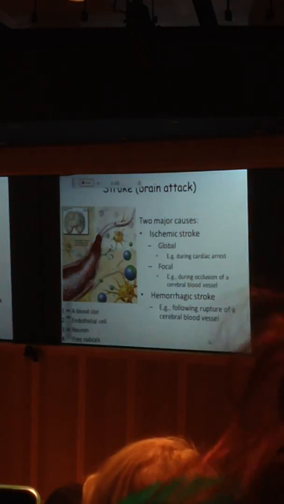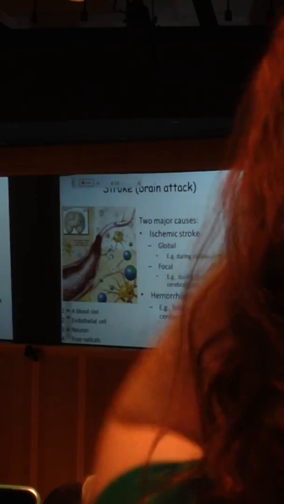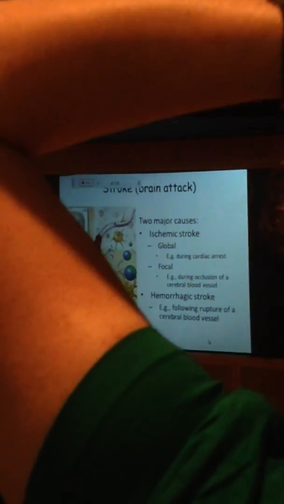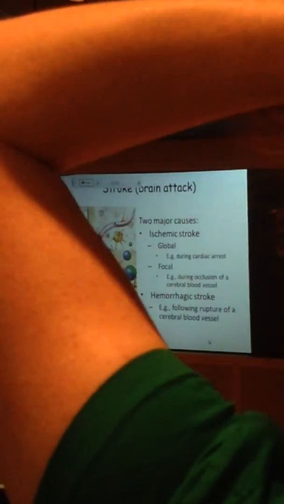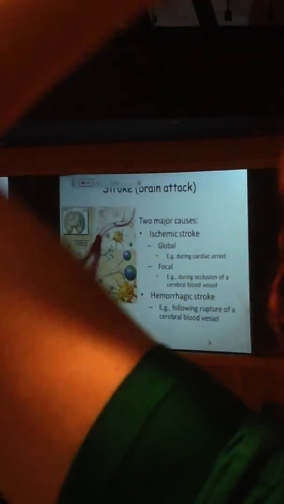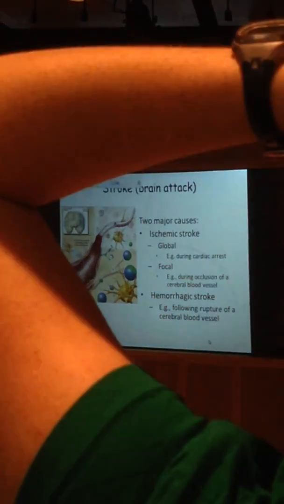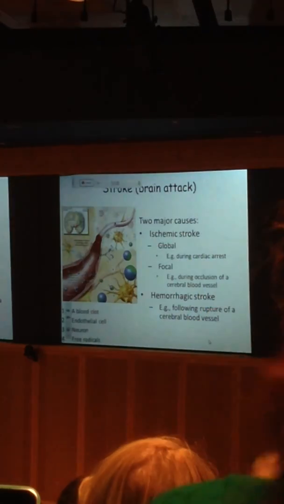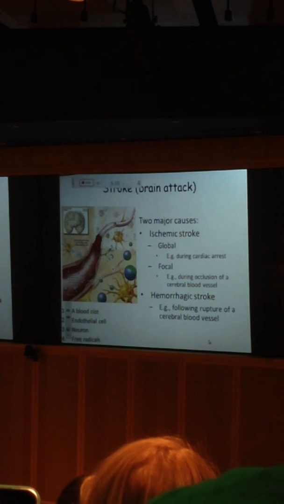We have neurons, we have blood, we have endothelial cells, we have free radicals. So what happens is when you have a blockage in any of these vessels, the downstream tissue is going to suffer. Okay, so they're going to be deprived of oxygen, leading to hypoxia. Your neurons are so prone to changes in environment that they will die and send out free radicals.